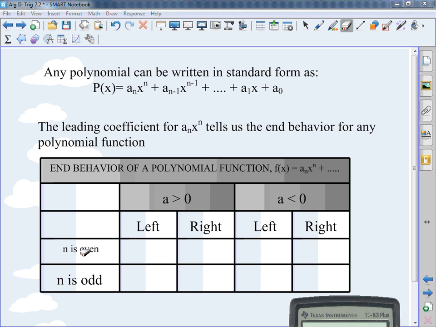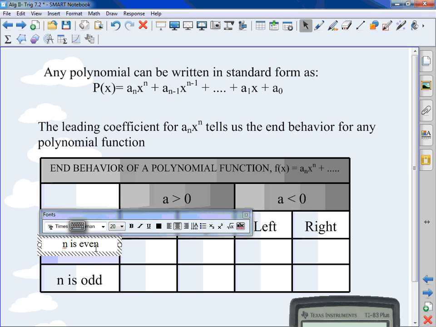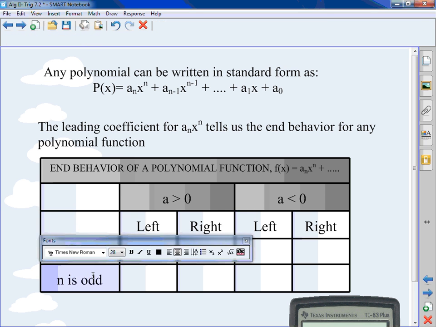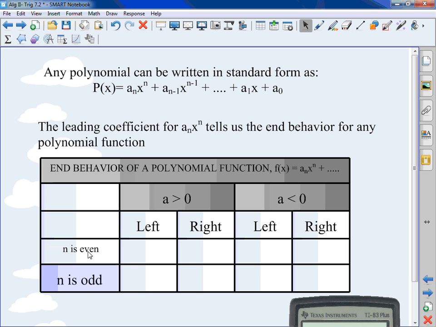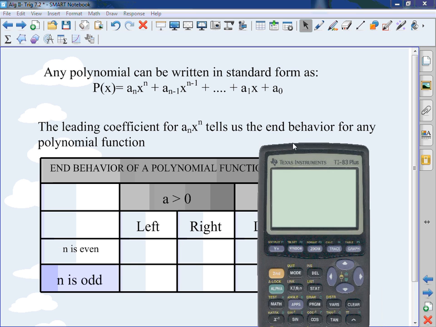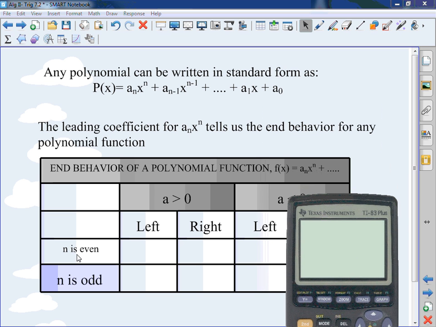If I have a polynomial where n is even, and a is greater than 0, give me a number that is greater than 0. 2. Give me a number that is even.